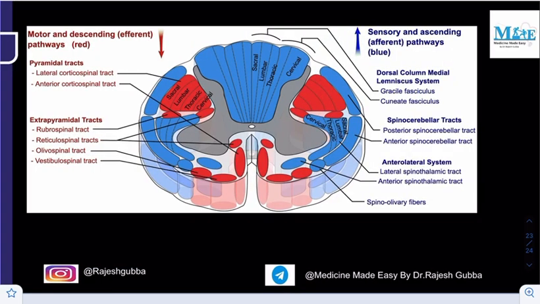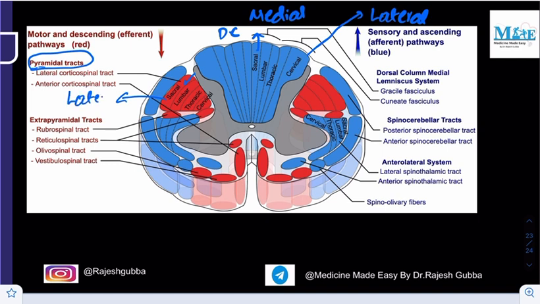Now, these are the dorsal columns. You can observe in the dorsal columns that the medial fibers are the sacral fibers and the lateral fibers are the cervical fibers. Whereas in all other tracts, for example, this red one is the pyramidal tract, you can see the sacral fibers are present laterally.